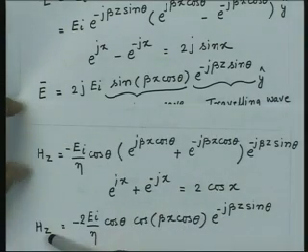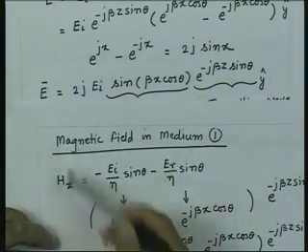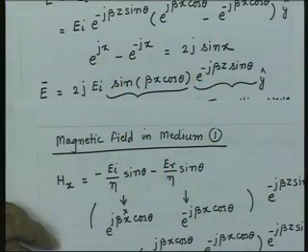So, E y and H z, which would give me the power in the x direction, is purely imaginary power. So, there is no power flow in the x direction, but there is a net power flow in the z direction, because E y and H x give me the Poynting vector in the z direction.